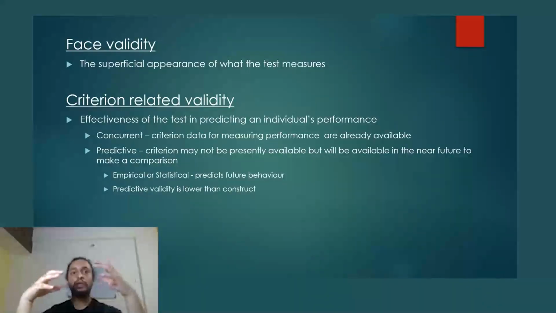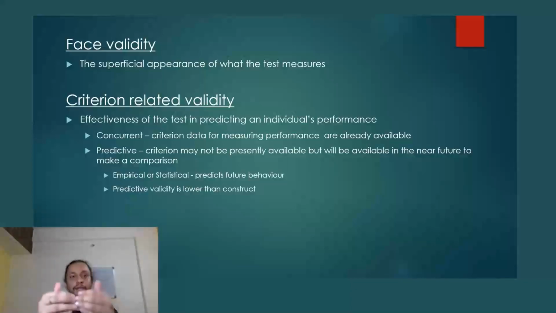So concurrent is where I test you now, the test measures what it's supposed to measure now and makes a prediction about how the person who takes the test will perform in the future. And in the future, the test to measure that is already available. In predictive validity, that's not the case. You're tested now, and then in the future, you're hoping that the test will be available.